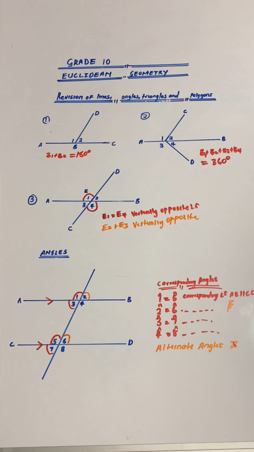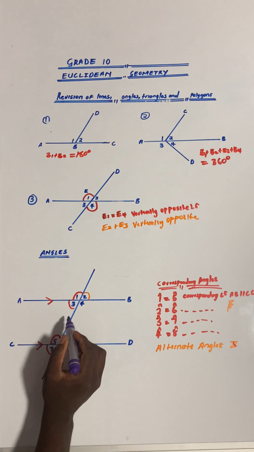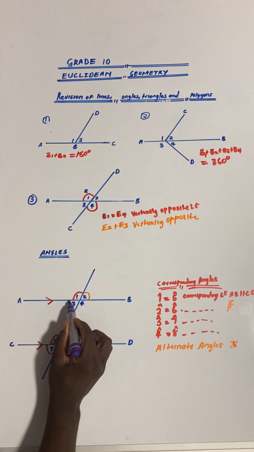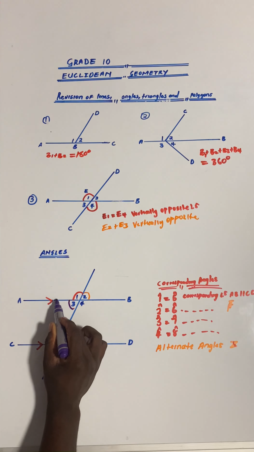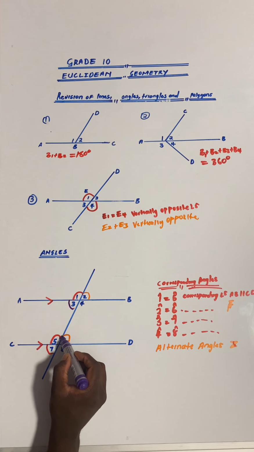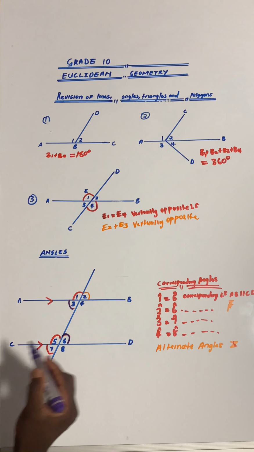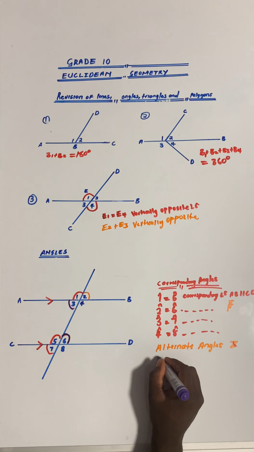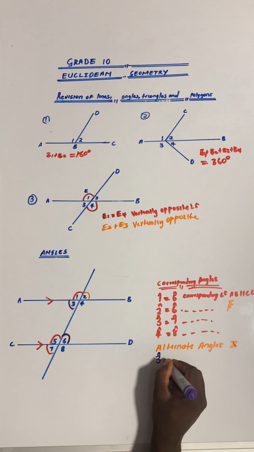Let me use a purple color for that. If we focus on 3 here, you draw a Z shape and get 6. So angle 3 equals angle 6.